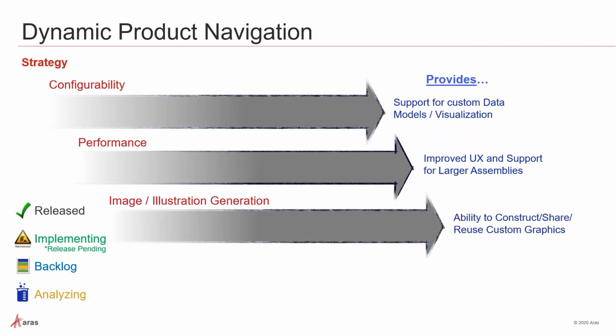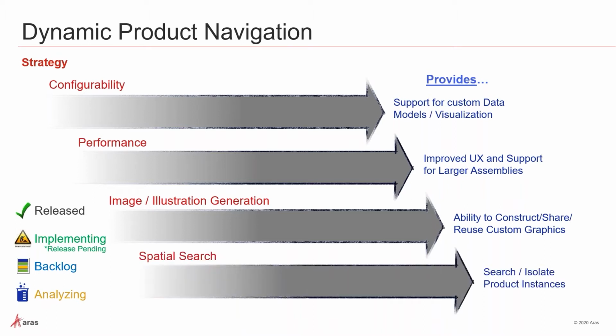Image generation allows users to capture, share, and reuse 3D imagery for collaboration or for technical illustrations. And finally, spatial search will provide a mechanism for searching or isolating part components within larger assemblies and determining spatial impacts based on part geometry and positioning.